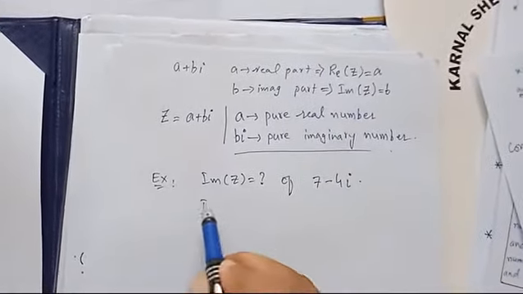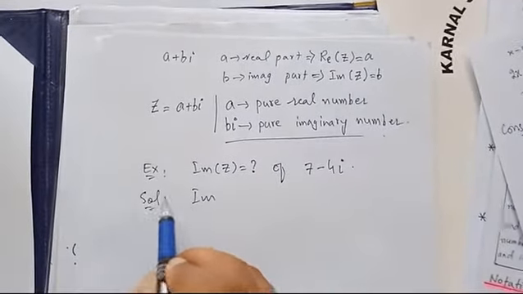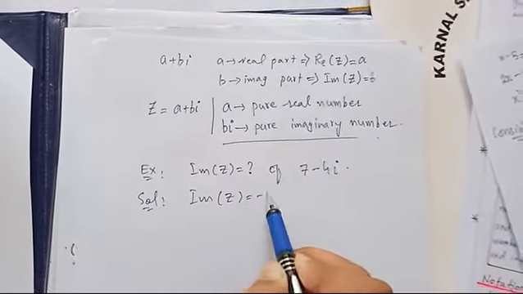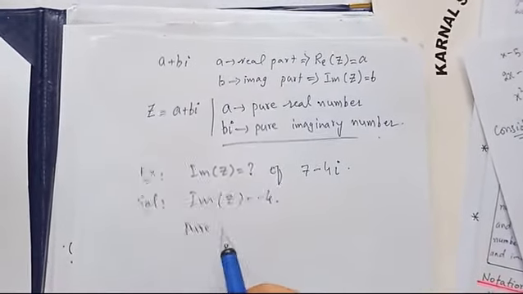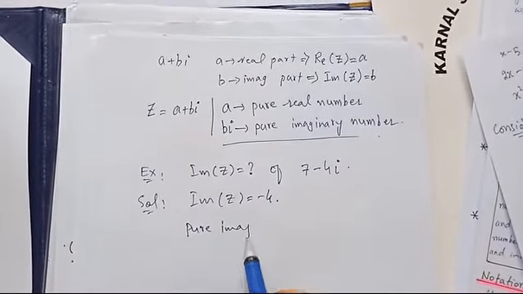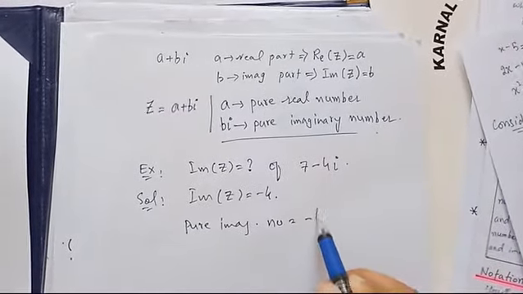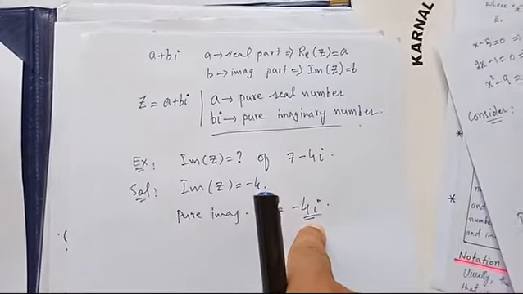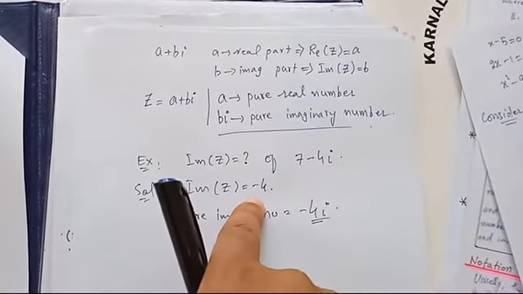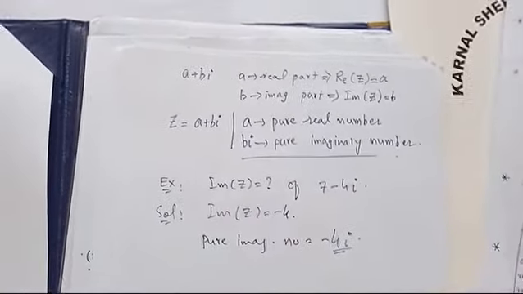The imaginary part of this complex number is equal to minus 4, and in this case the pure imaginary number is minus 4 iota. A pure imaginary number contains iota as a factor. The imaginary part doesn't contain iota as a factor.